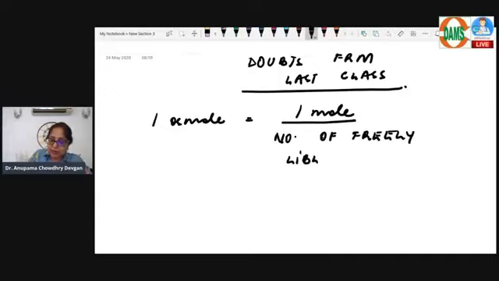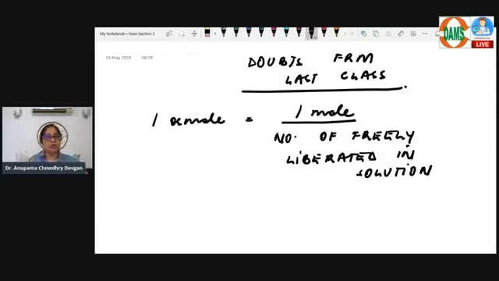For example, sodium chloride, when you dissolve it in water, splits into 2 particles. Potassium chloride also splits into 2 particles. Calcium chloride, on the other hand, will split into 3 particles.